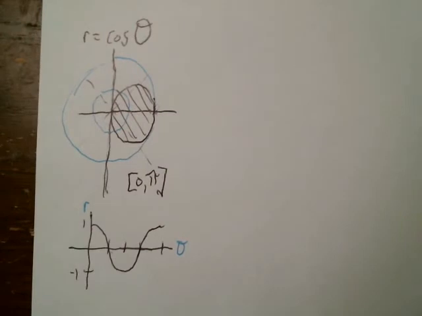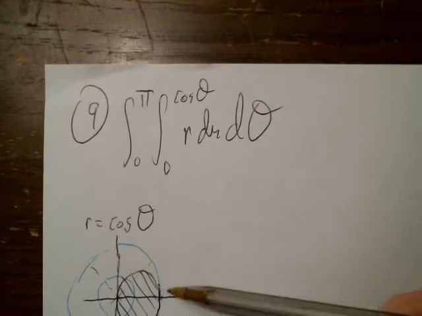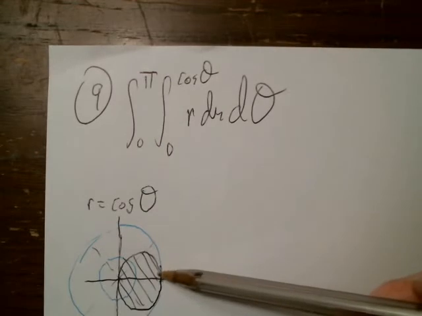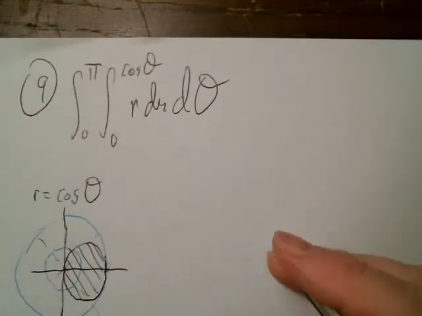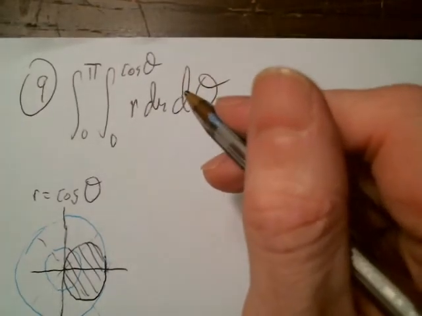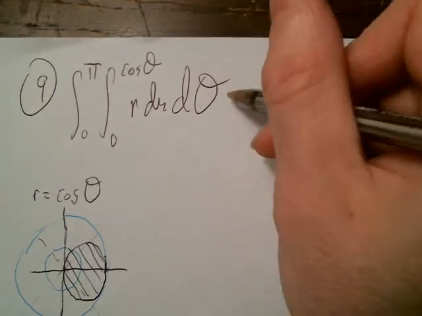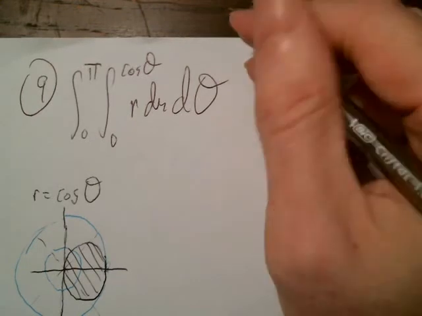Okay, so we're finding the area of this circle here with this integral. So let's do that. What do I need to do? I need to integrate now r, so that will be r squared over 2.